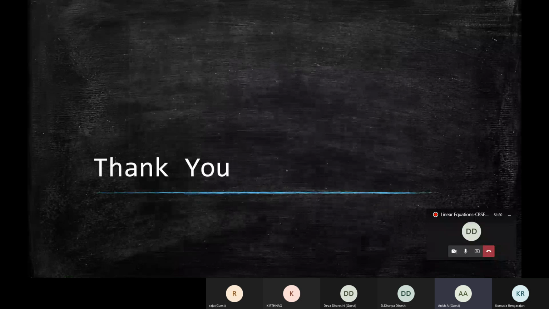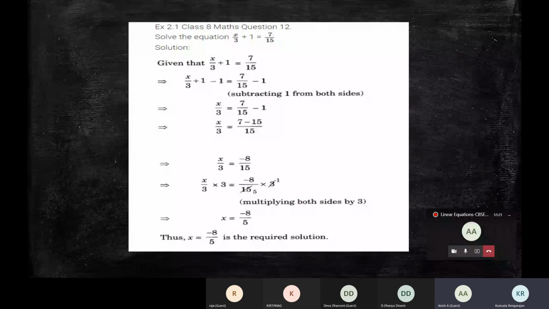Ma'am, I have a doubt. Sure, ask me. At the third step, you found the LCM for 7 by 15 minus 1, but we can also do it by just subtracting normally with the integers.